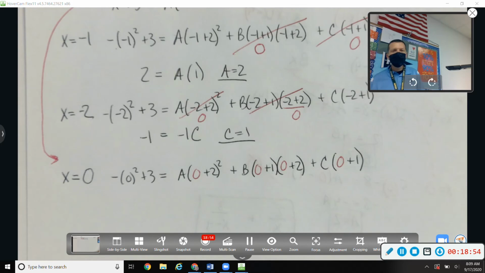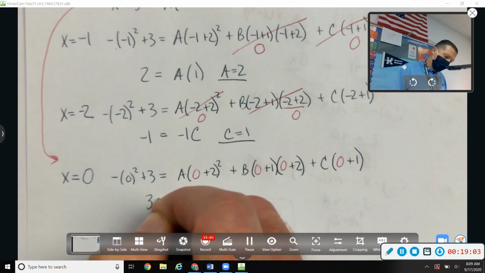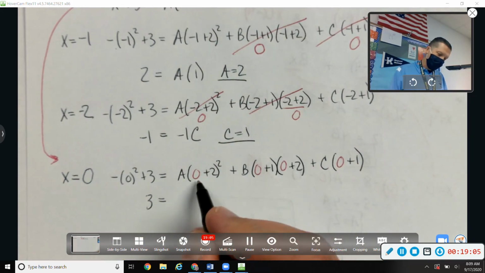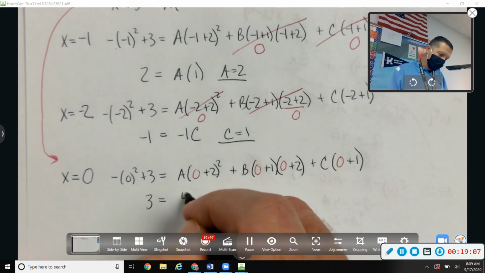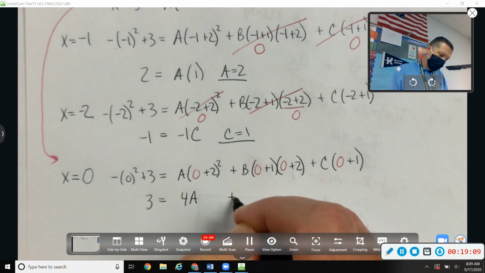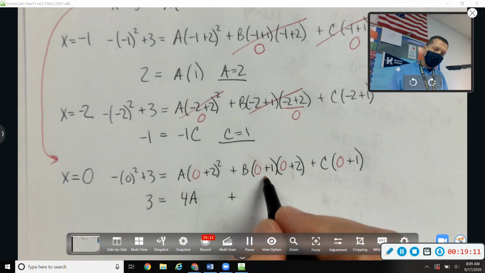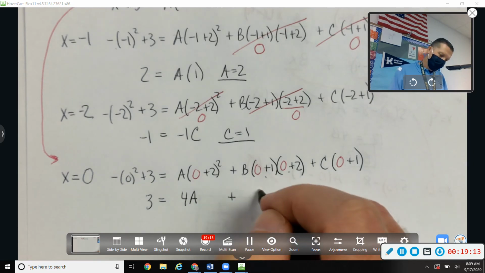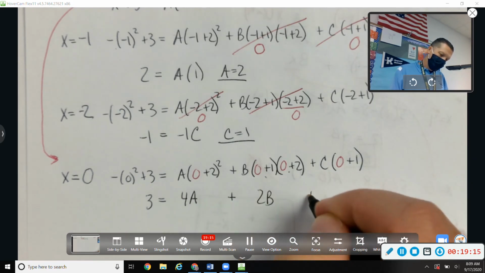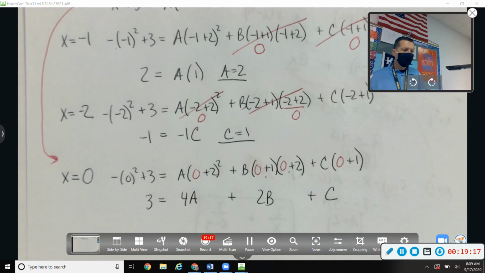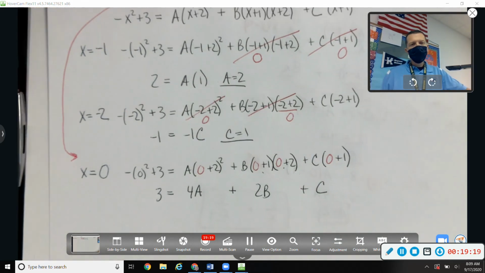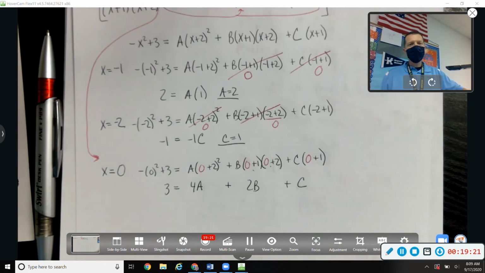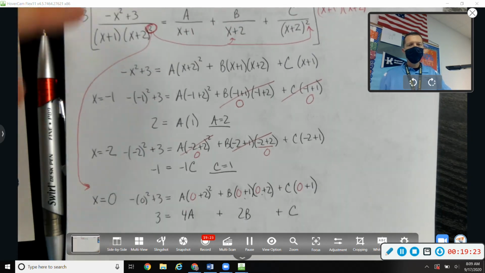So everywhere there was an x, I put a 0. 0 makes the math easy, I guess, but it doesn't wipe anybody out, so that's kind of frustrating. 2 squared is 4, so 4a plus 1 times 2 is 2, 2b plus c. That's not nearly as satisfying as those other two values of x, because they wiped things out.